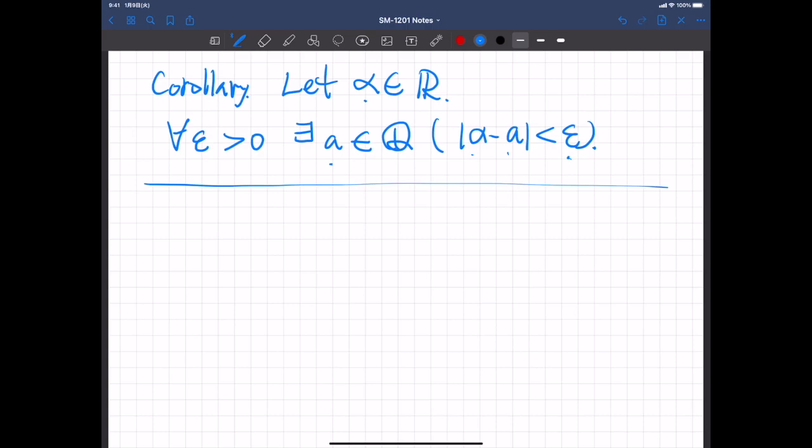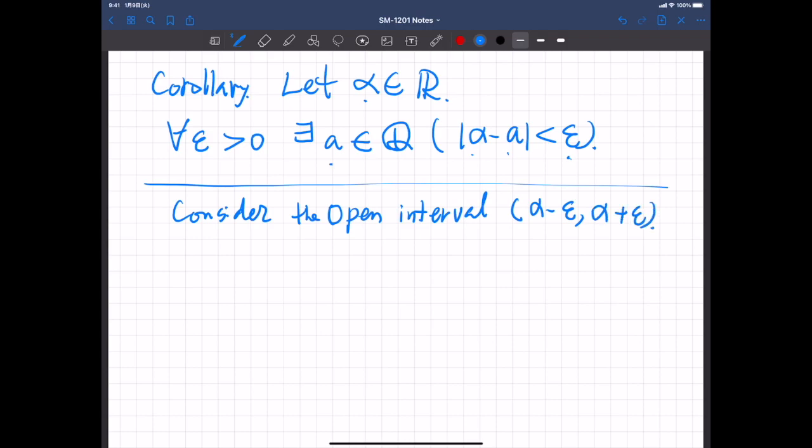Okay, so let's prove this. Consider the open interval, that is, alpha minus epsilon and alpha plus epsilon.